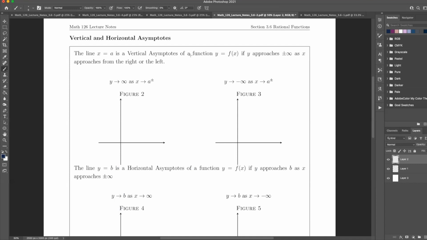So here, if we have x equals a, that would be a vertical asymptotic line. Oops, hold on.